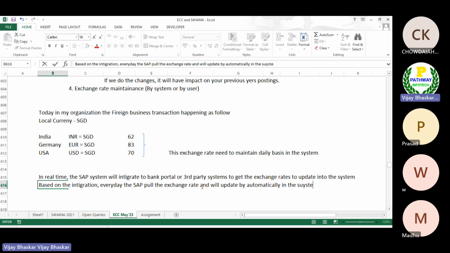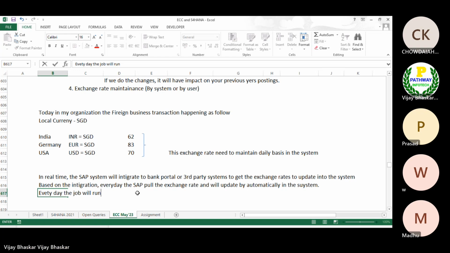in the system. So in case the exchange rate needs to update automatically in the system, we need to set up one background job in the system. Going forward, we will talk about that one, the background job, how to set up. Then that job, every day, remember, this is the important point, every day the job will run at a particular time.